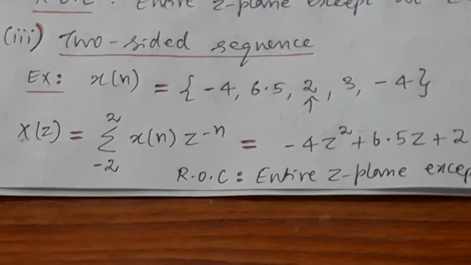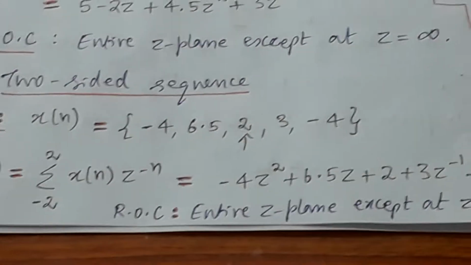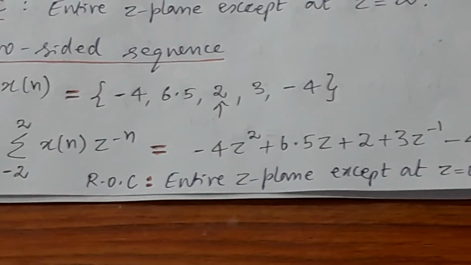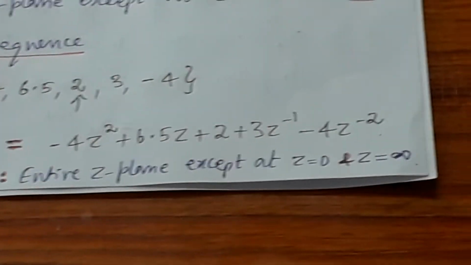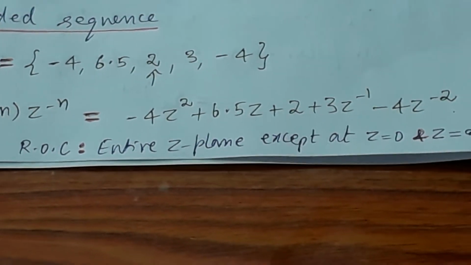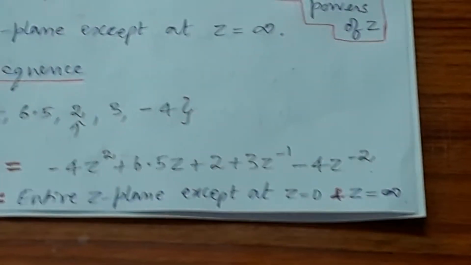X of n z power minus n, n equal to minus 2 to plus 2, just substitute the values and write the final answer as minus 4z square and so on. So the left hand side will be positive powers of z, the right hand side will be negative powers of z, and the ROC, since we have both negative powers and positive powers, is the entire z plane except at z equal to 0 and z equal to infinity.